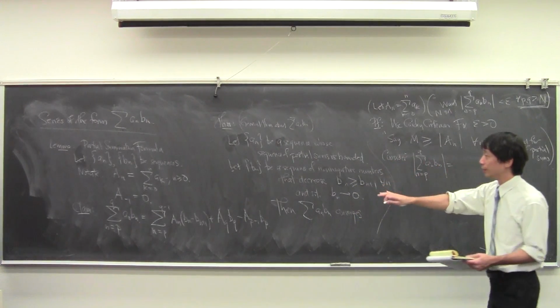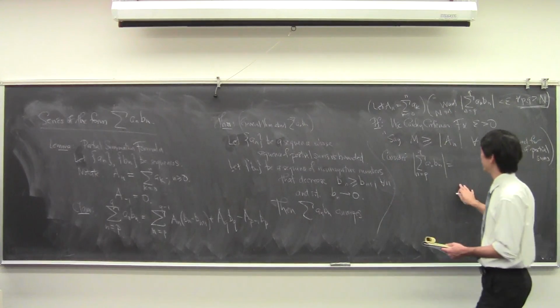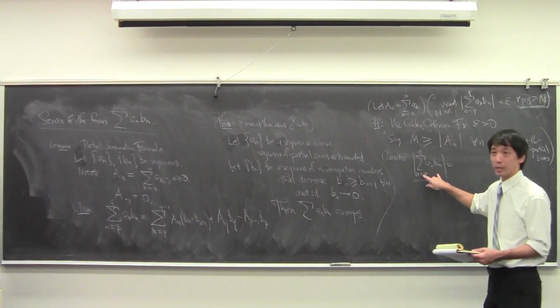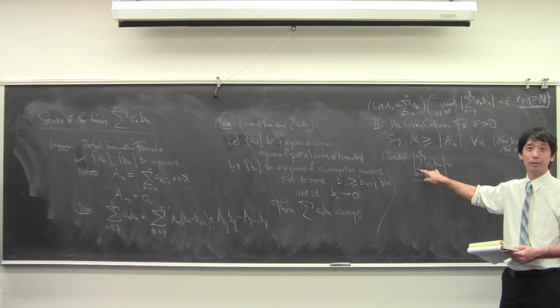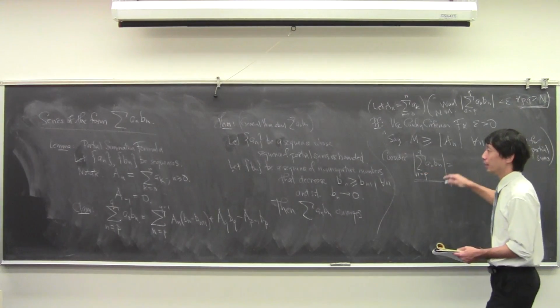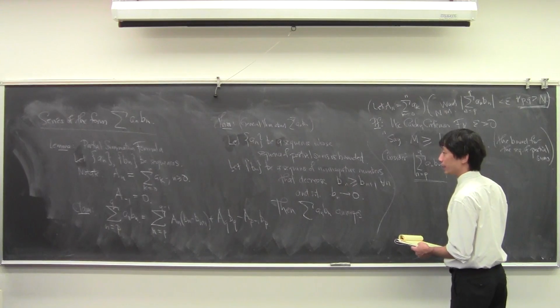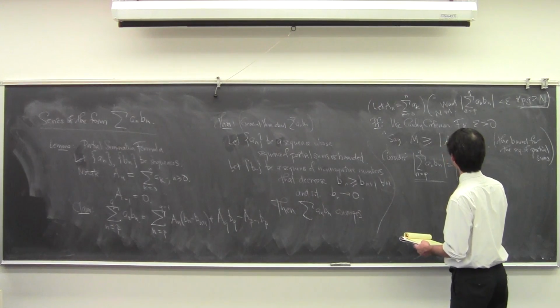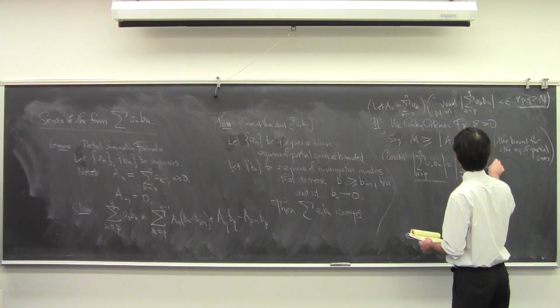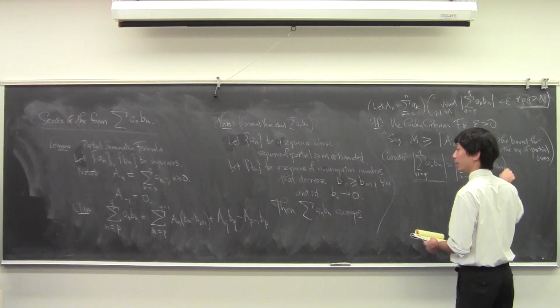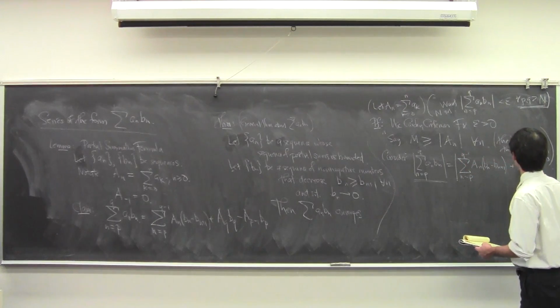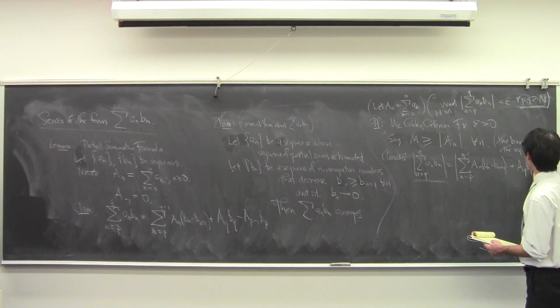Well, we use the formula that we just created. We're trying to make this thing smaller than epsilon. This is the same thing as the sum from n equals p to q minus 1 of a sub n times b sub n minus b sub n plus 1, plus a q b q minus a p minus 1 b p.